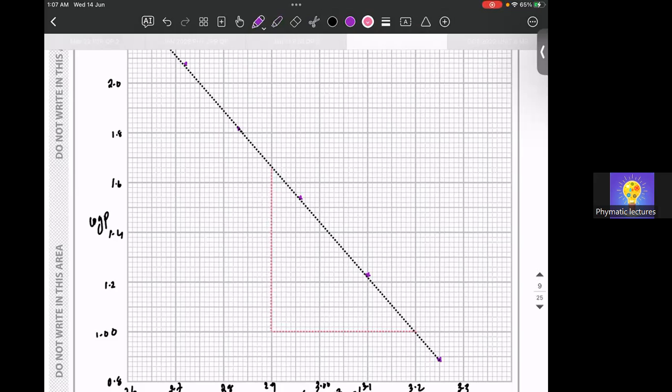So what is the gradient value? Here, what is the difference between 3.2 and 2.9?